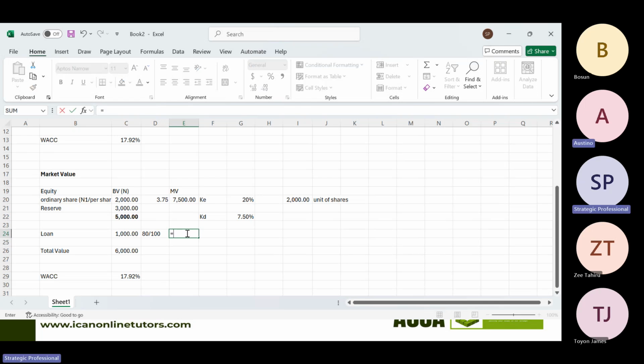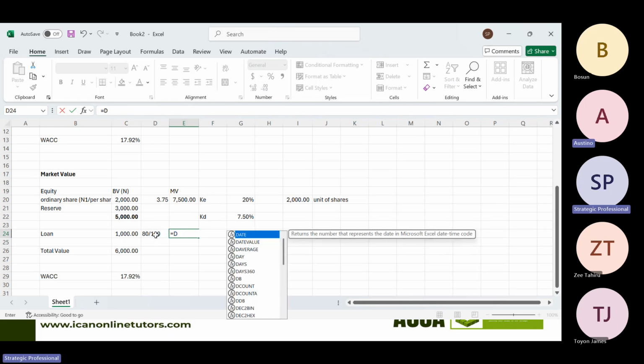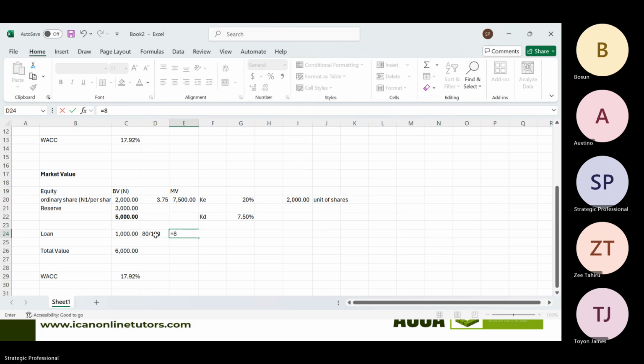So this will be what? This multiplied by this. Oh no, it's not giving us a value. Let's do it this way: 80 divided by 100 multiplied by 1,000.